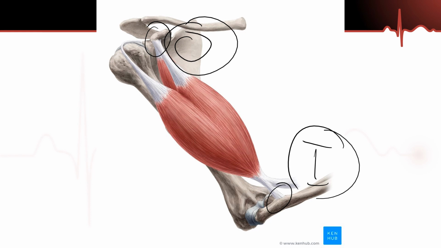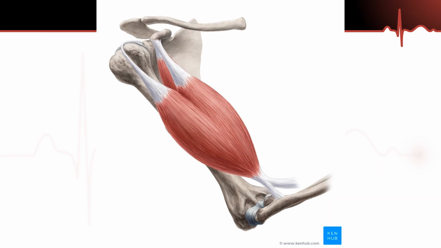When the muscle contracts, the muscle has a tendon on each end. There's a tendon that attaches to a bone that doesn't move, called the origin, and there's a tendon that attaches to the bone that does move, which is referred to as the insertion. Now, the biceps is not any different than the vast majority of other skeletal muscles in the human body.